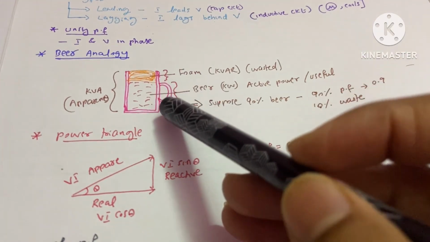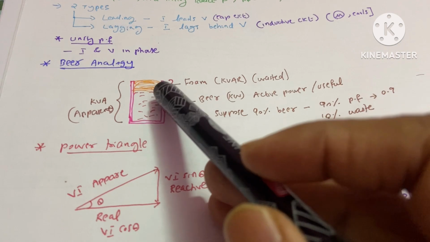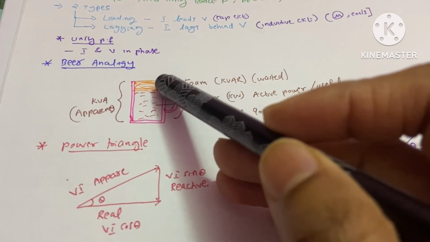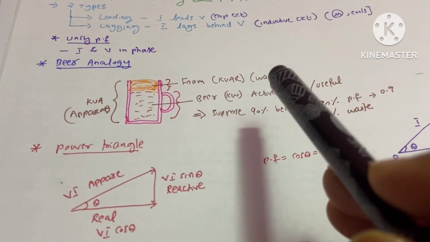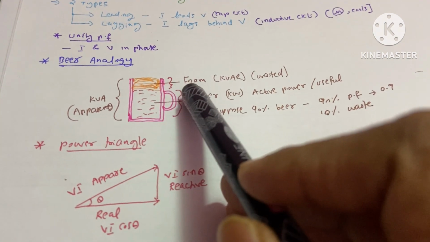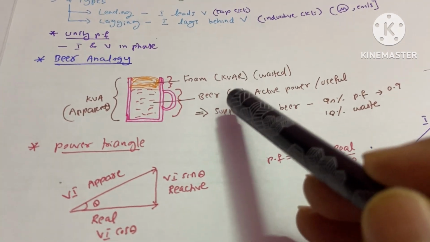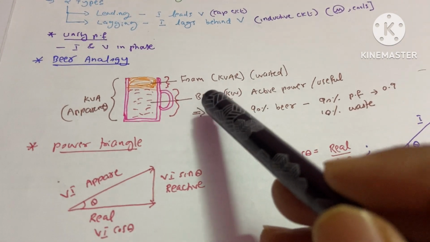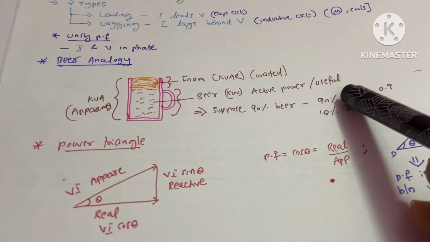Here we have a mug. This mug has, suppose, 90% beer and 10% foam. The beer is the only part that does useful work on your body, and the foam is just wasted. It will not do any work. The foam represents the reactive power, and the beer represents active power or useful power.